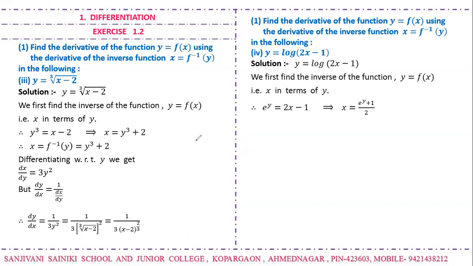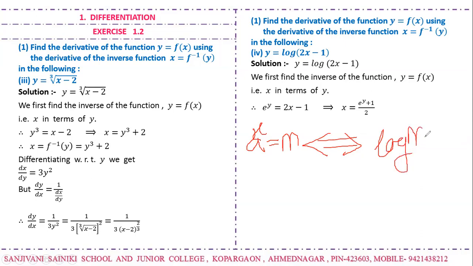Now see here how they have written this. Whenever a raised to x is equal to m, which implies and is implied by log of m to the base a is x.